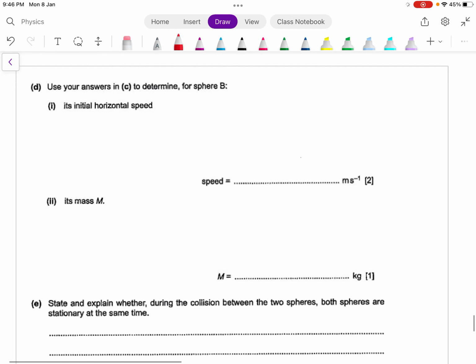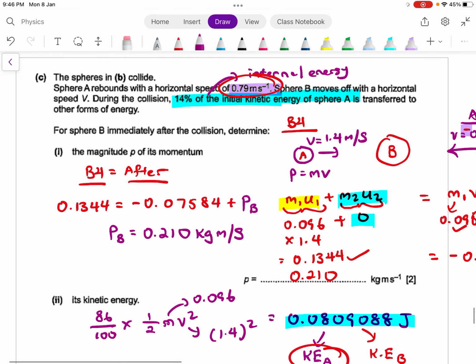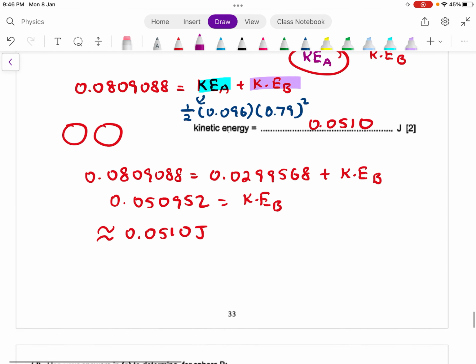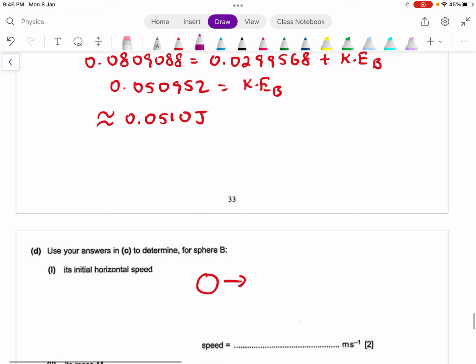Okay, so let's move on to part D. So using your answer in part C, we determine the horizontal speed of sphere B, and of course, eventually the mass of your sphere B. So for the part C answer, we know the momentum of sphere B is 0.21.